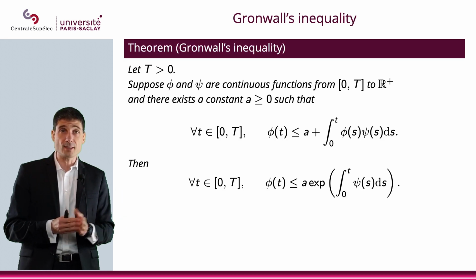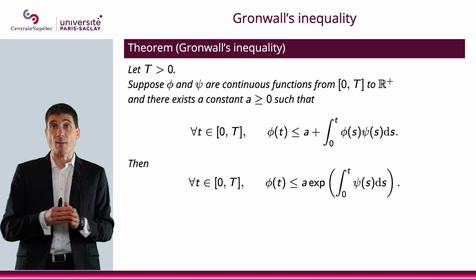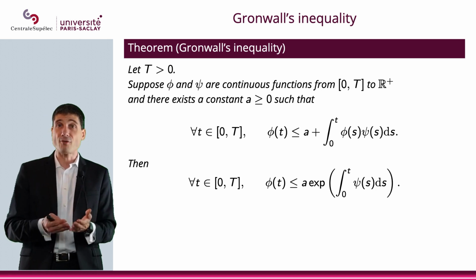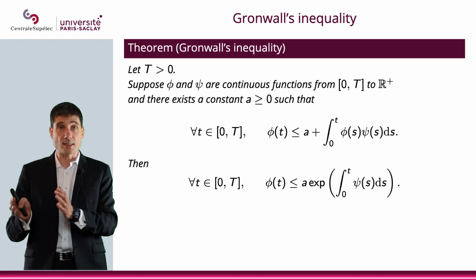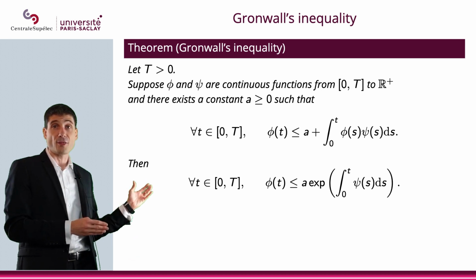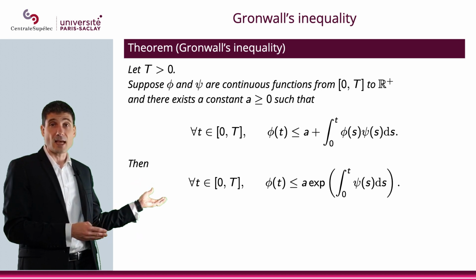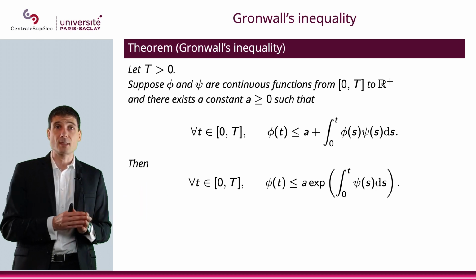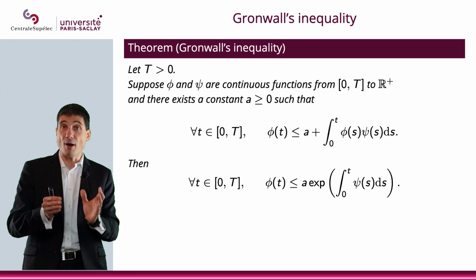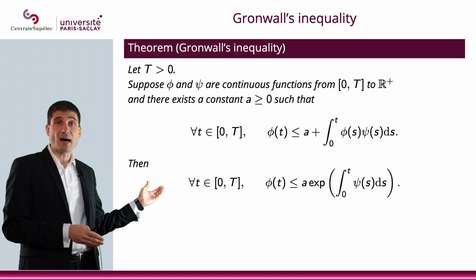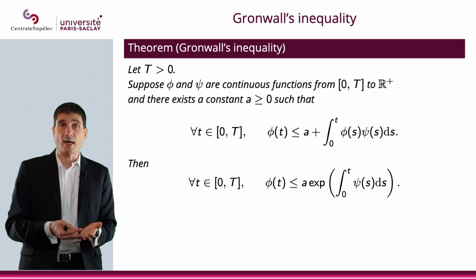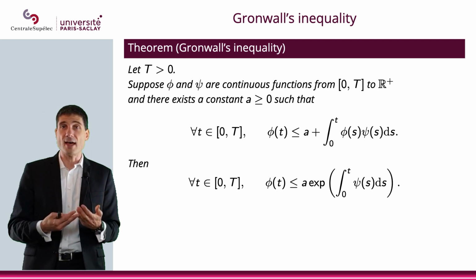Gronwall's inequality states that if T is a positive number and if phi and psi are continuous functions from [0,T] to R plus, and if on top of this phi(t) is smaller than a non-negative constant A plus the integral between 0 and t of phi psi, then I can bound above phi by A times the exponential of the integral between 0 and t of psi(s) ds.